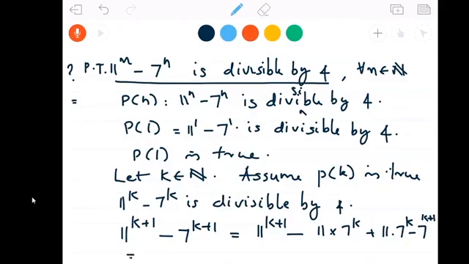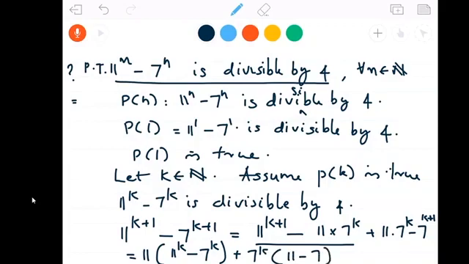Now in the first two terms 11 is a common factor, so I am taking it outside: 11 times 11 raised to k minus 7 raised to k. Plus in the second term we have 7 raised to k as a common factor, so you take it outside so that we will get 11 minus 7 here.